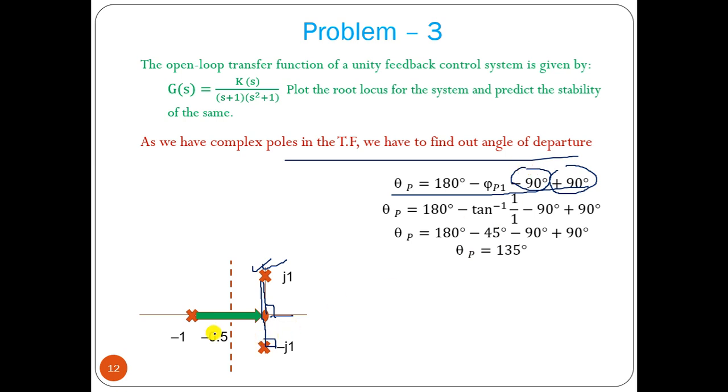And from this, with respect to the real axis, this angle is phi pole 1. So plus and minus will cancel out. 180 degree minus this angle, which is nothing but tan inverse 1 by 1. So we got 135 degree. So at 135 degree angle, it should go along this.